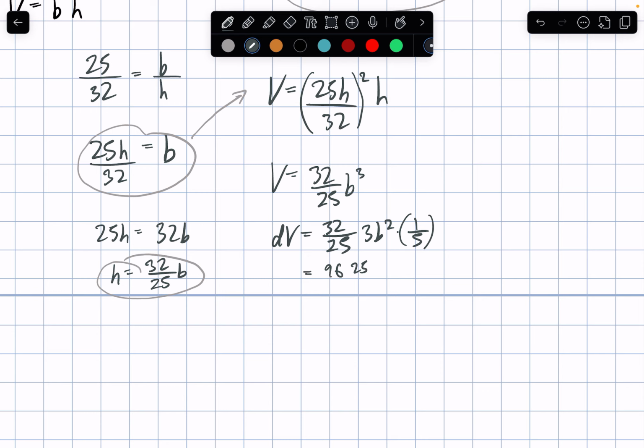So 25 squared over 25 times 5. Cancel. 96 times 5. 480.